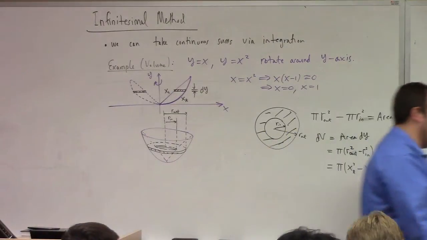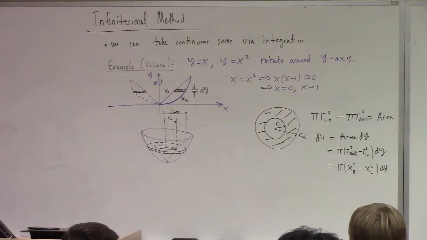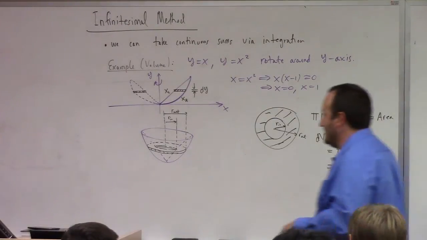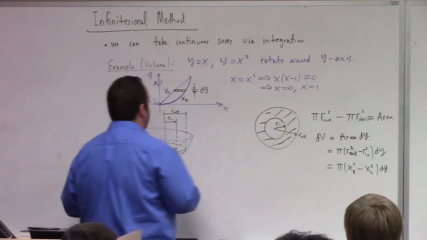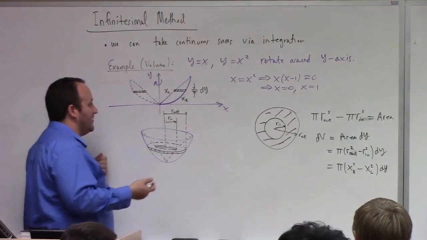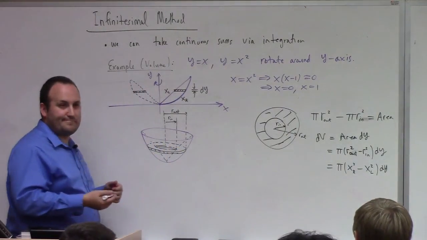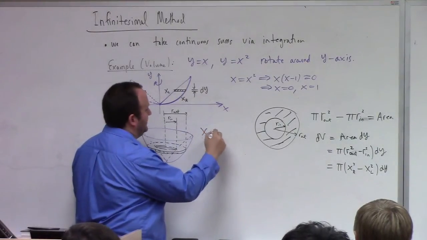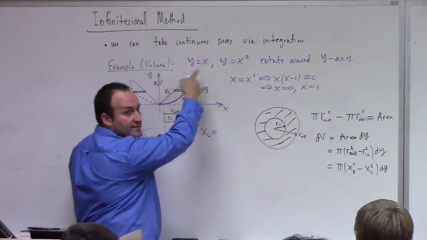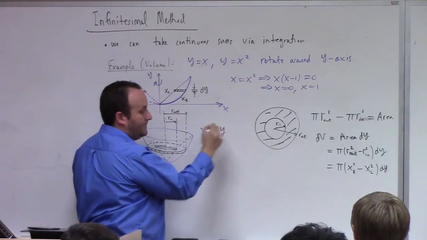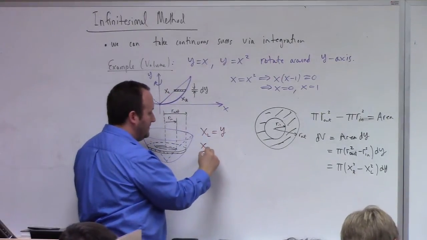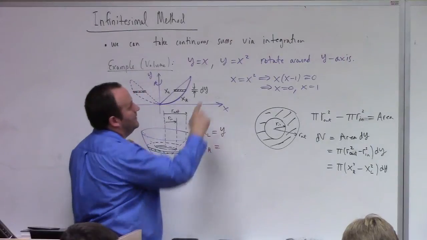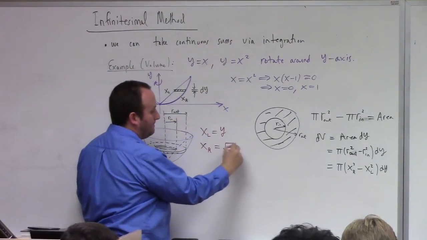So what? You might ask, what difference does it make? It's your prerogative. Some of us have to answer these questions. If you choose wrong, you'll get a negative, right? But here, XL is this, x equals y. So XL is y. The right x, on the other hand, is the square root of y.